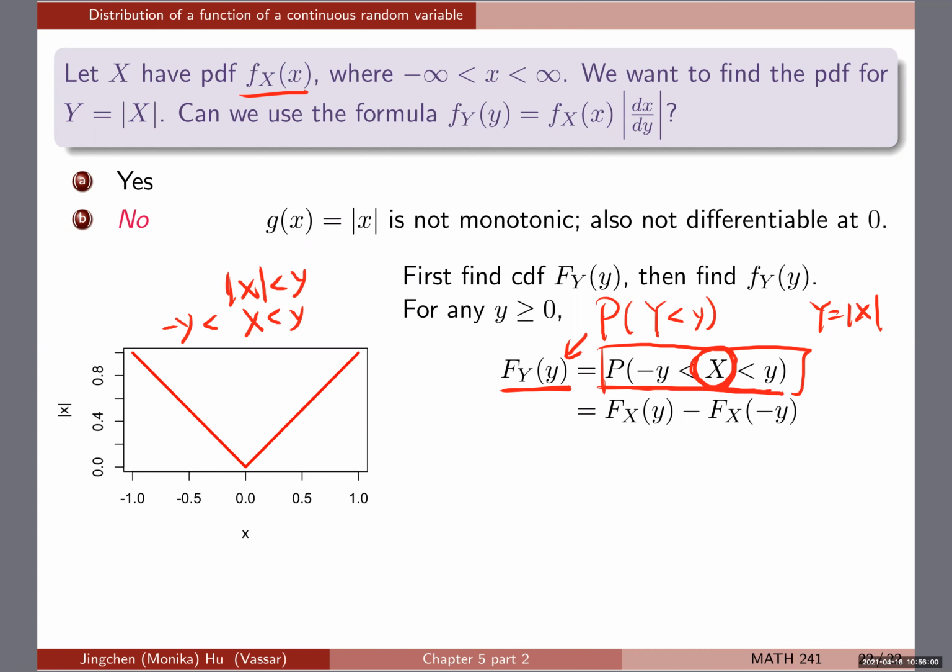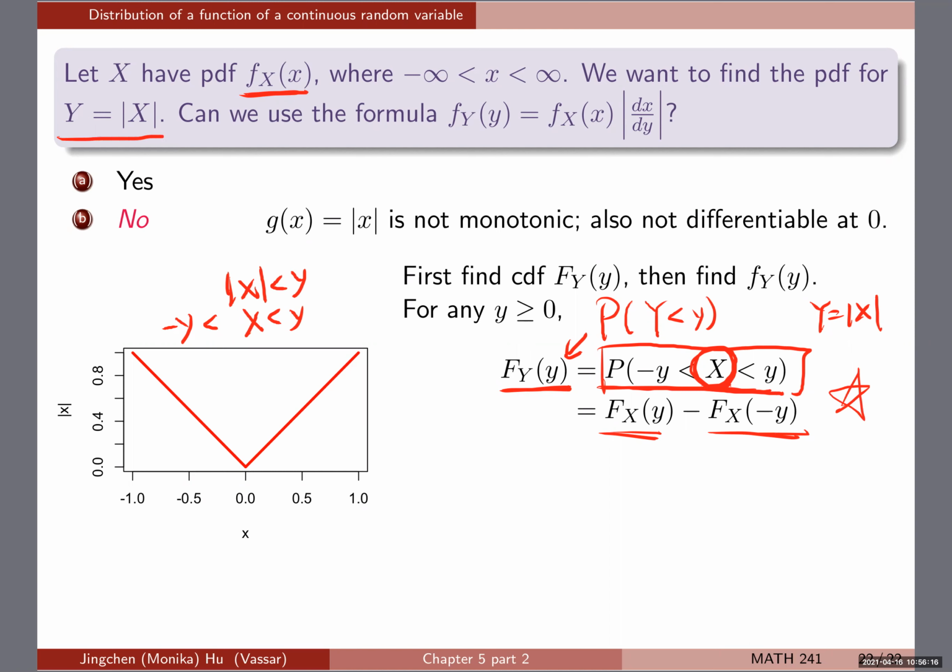I know the PDF, small f_X, so the CDF is capital F_X. To get the probability is the same as evaluating the CDF at the larger value minus the smaller value. So this is a key point.